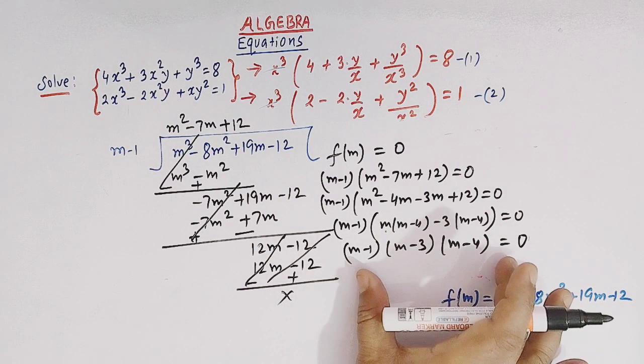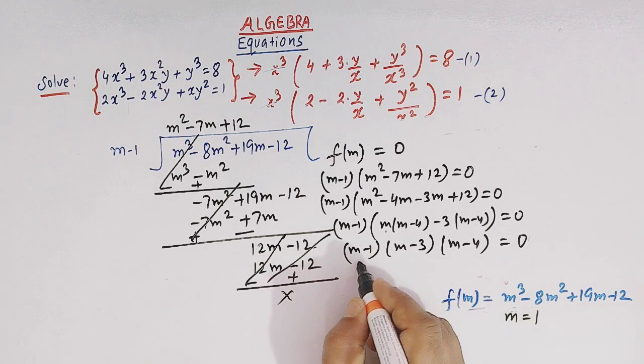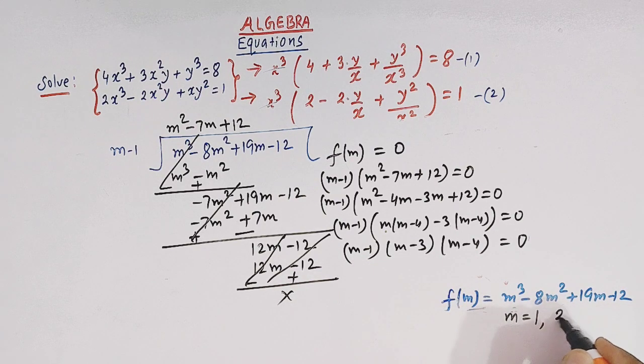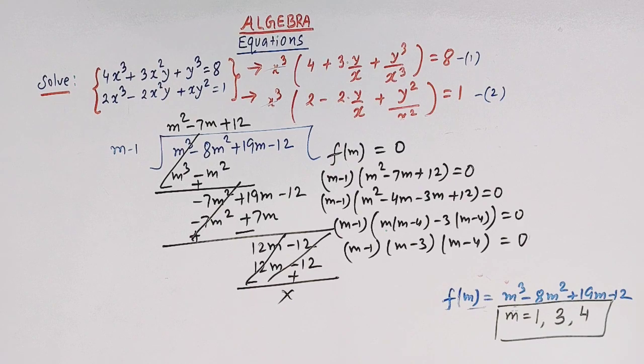So now from here we have got three values of m, that is m equal to 1, then we have 3, and then we have 4, right? So this cubic polynomial has three zeros, that is m is equal to 1, 3, and 4.